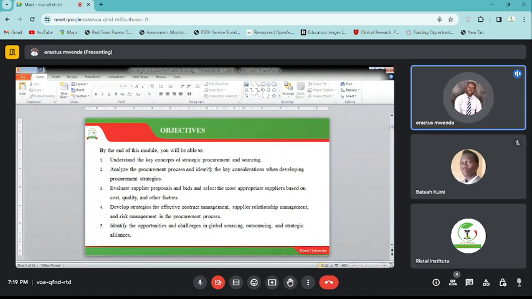So we're also saying through strategic procurement, we are able to systematically procure goods and services. And as we do that, our key focus will be on quality. What is the quality of the goods? What is the cost?